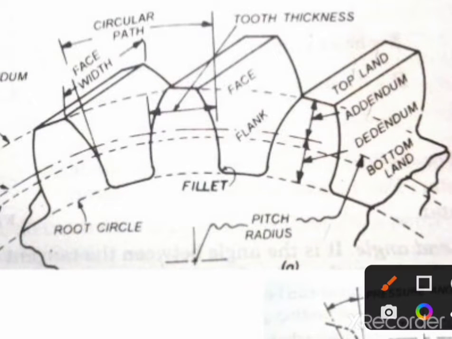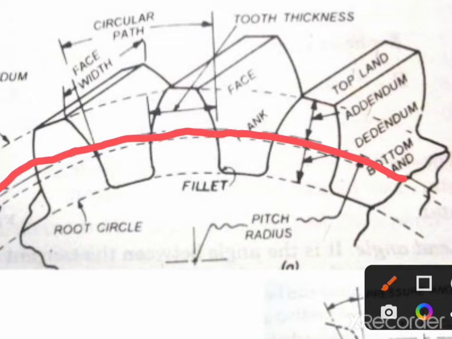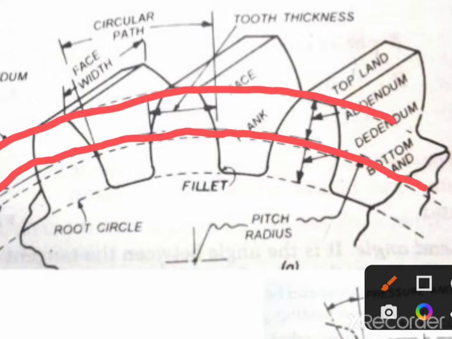Here we can see the pitch circle, and outside, this is the addendum circle. Then this is the addendum. So what is addendum? It is the radial height of tooth from the pitch circle to the tip of the tooth.